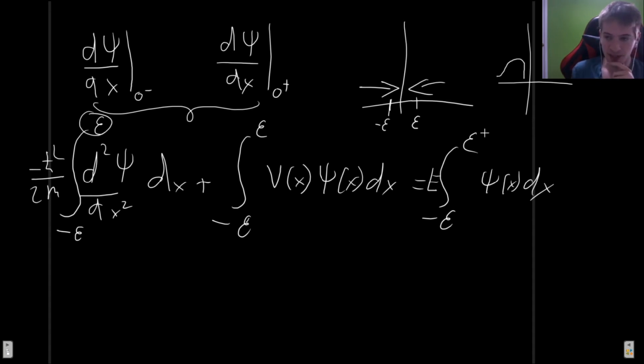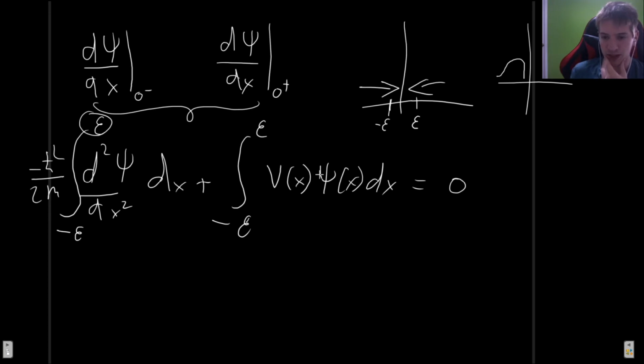But our epsilon, which is the width, is going to go to 0. So that is going to dominate over whatever height this function has. So this is just going to go to 0 because our limits are going to be vanishing. So this whole integral here is just going to be 0. So that is the first term.